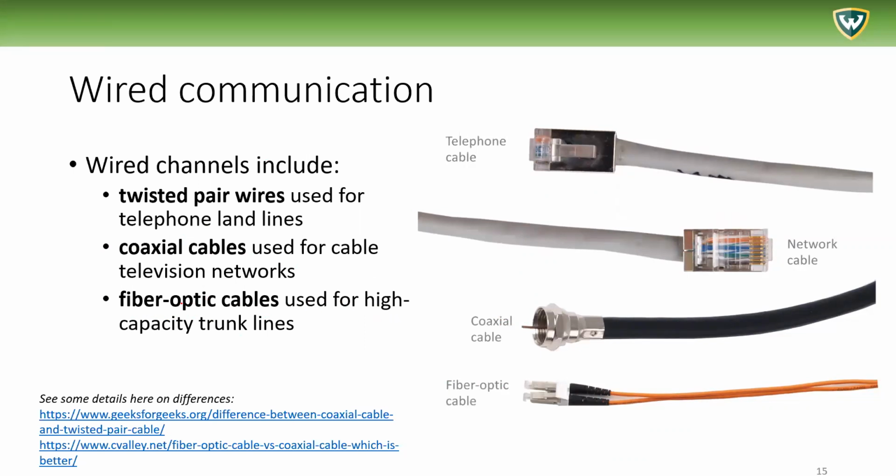As the name suggests, these cables actually transmit light. Whereas the coaxial cables transmit voltage in electronic signals, the fiber optic cable uses light. And there are some references here if you want to look deeper into this.